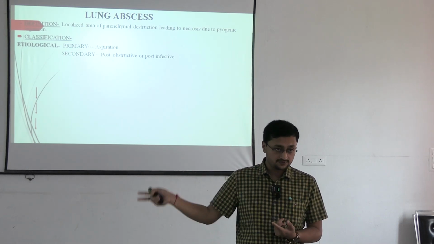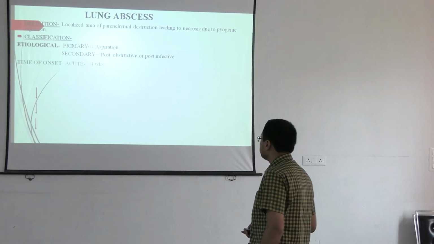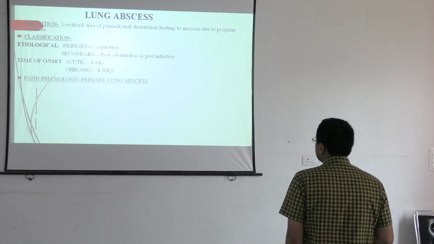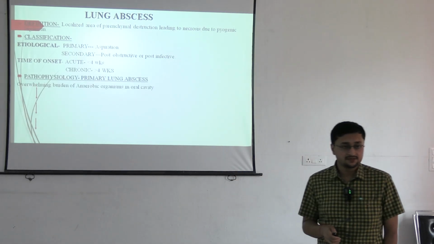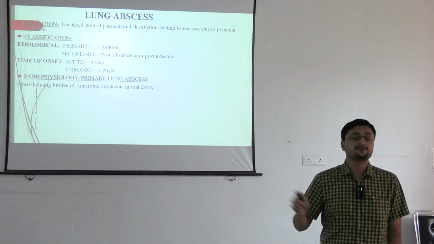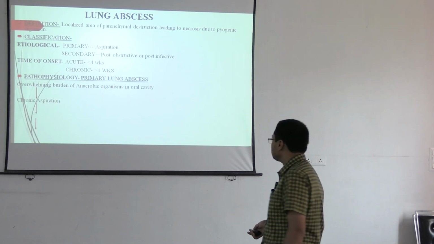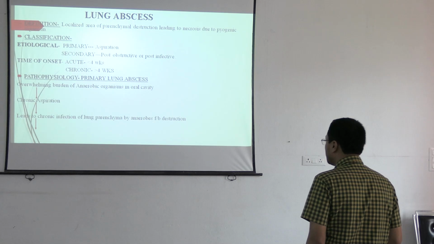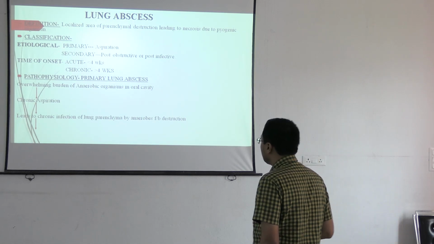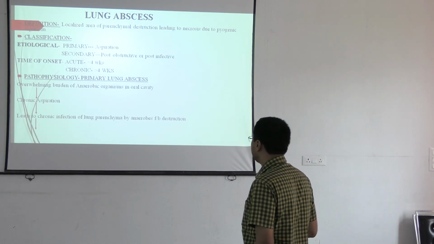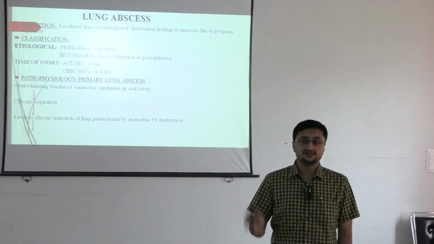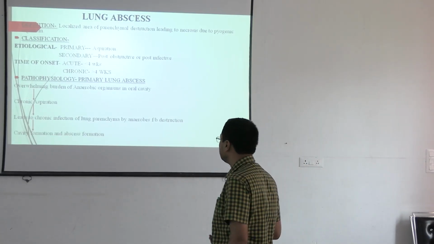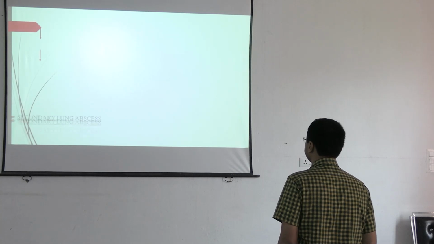So it is a chronic process. This is the pathophysiology of primary lung abscess, just like aspiration pneumonia: anaerobic organisms in the oral cavity, chronic aspiration, which leads to chronic infection of lung parenchyma by anaerobes, followed by parenchymal destruction, formation of cavity and lung abscess.